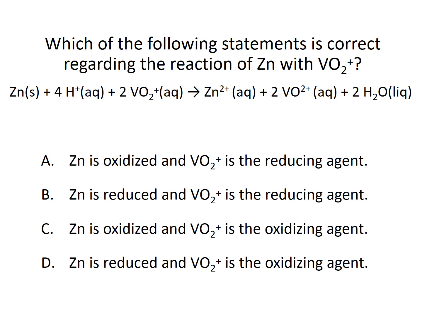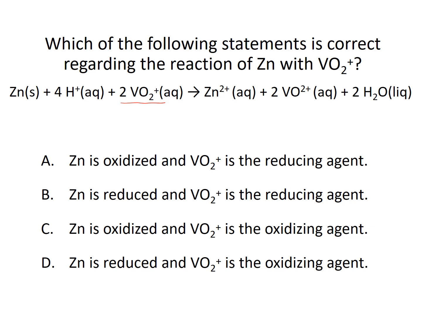In this chemical equation, we need to identify what component, what reactant got oxidized and which one got reduced. So as before, I could likely guess that this one is the oxidizing agent. And let me just double check.